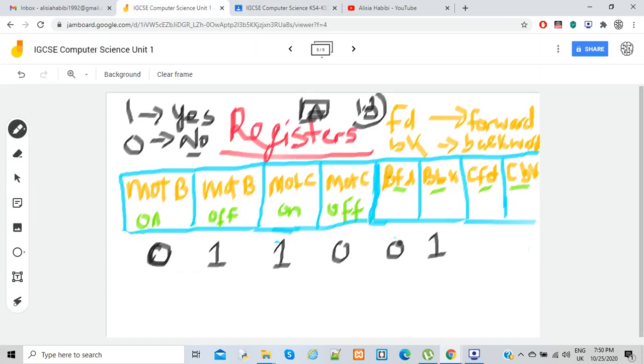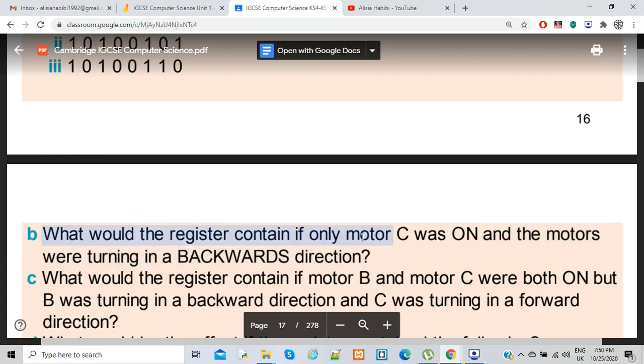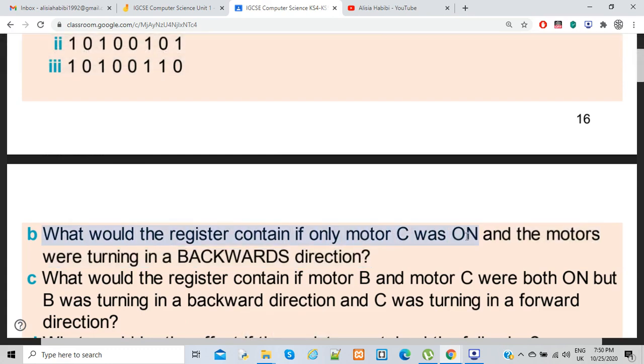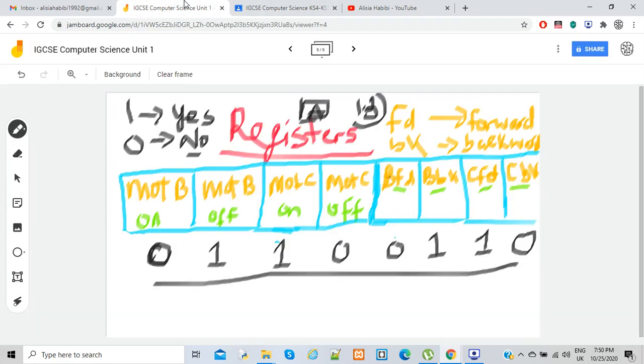C forward is going to be yes as well, because they said B and C. And C backward is going to be a 0. So this is your binary interpretation after looking at the scenario. These two motors will be turned in a backwards direction.